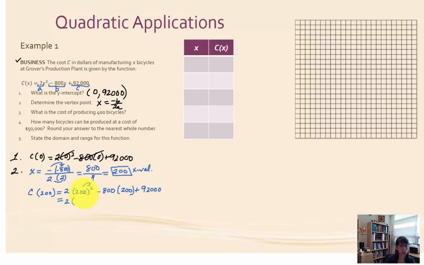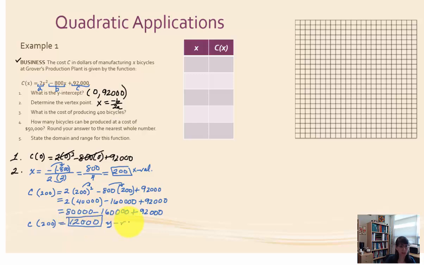So 2 would be multiplied by 200 squared, which is 40,000. Negative 800 times 200, and that would be negative 160,000, plus our 92,000. So we're ready to multiply 2 times 40,000 would be 80,000 minus 160,000 plus 92,000. So when we evaluate this function with an x value of 200, our output is 12,000.